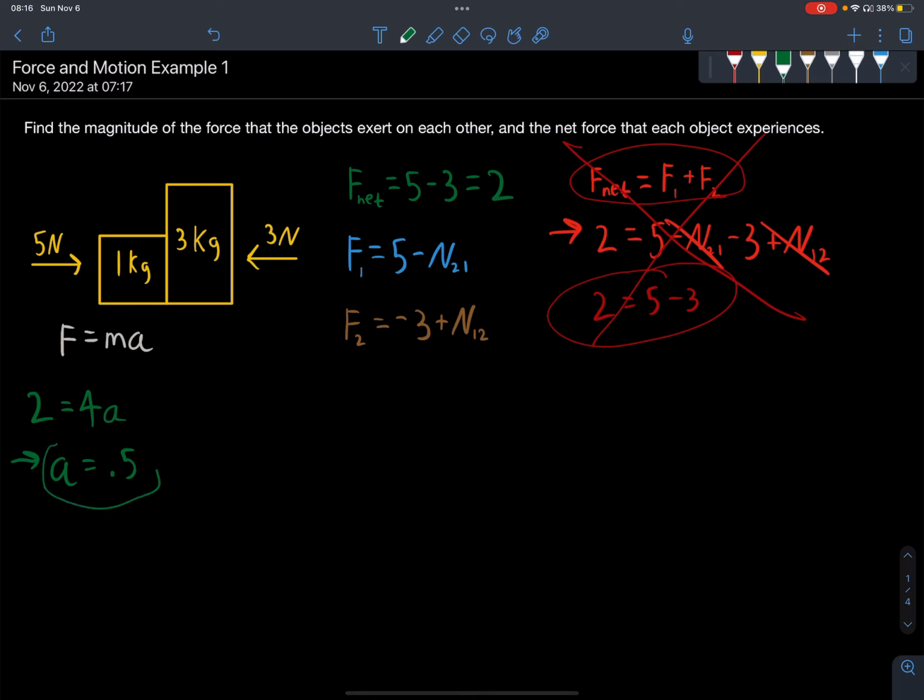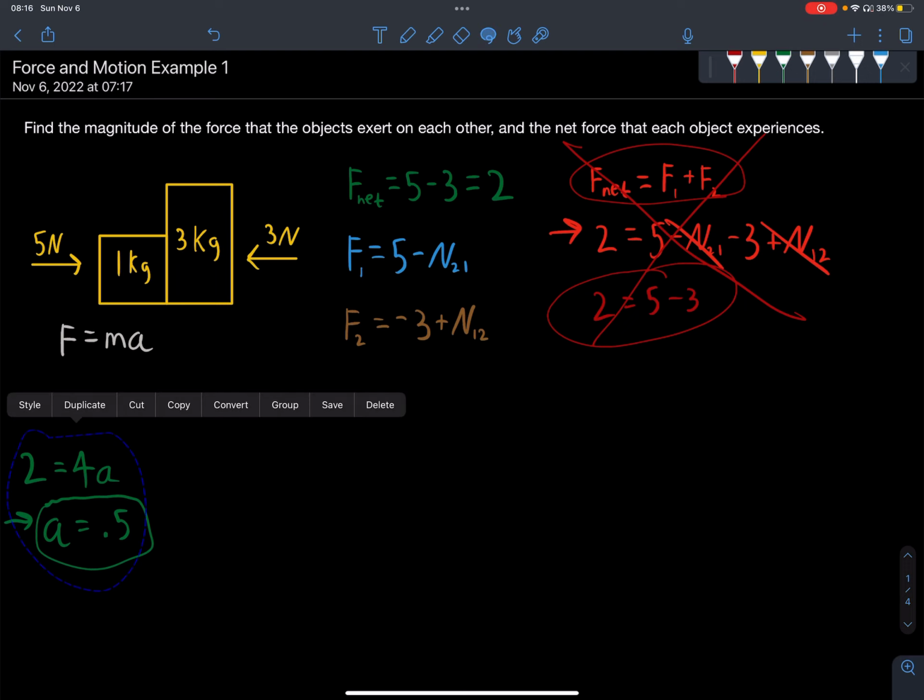And this is useful because the acceleration of the entire system is going to also give us the acceleration of each individual block, because the system is made up of the blocks, and that's going to help us with this next couple pieces. So let's slide this down, and now we're going to look at the first block from Newton's second law perspective.